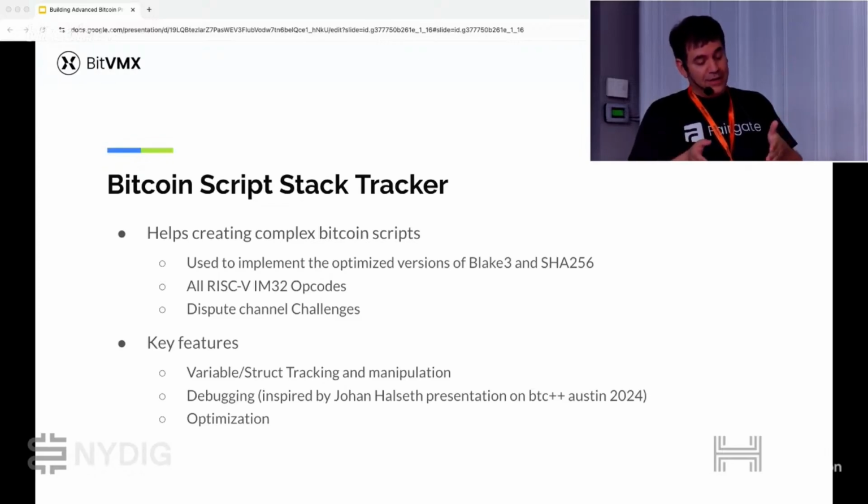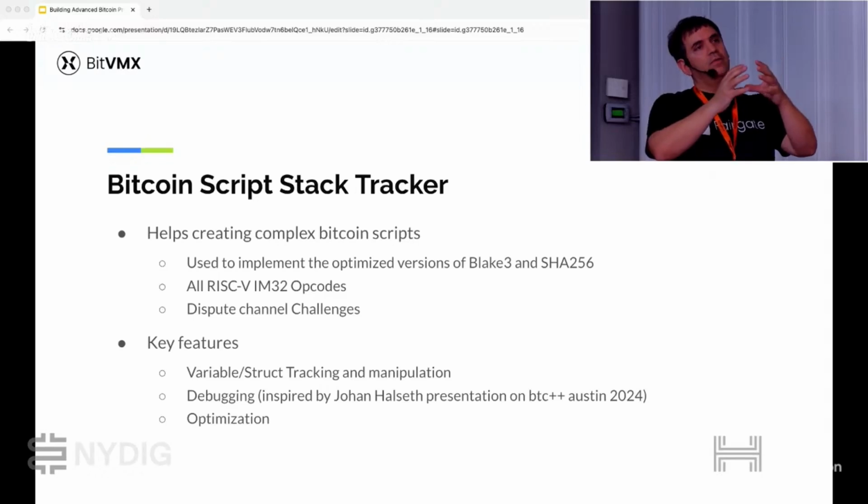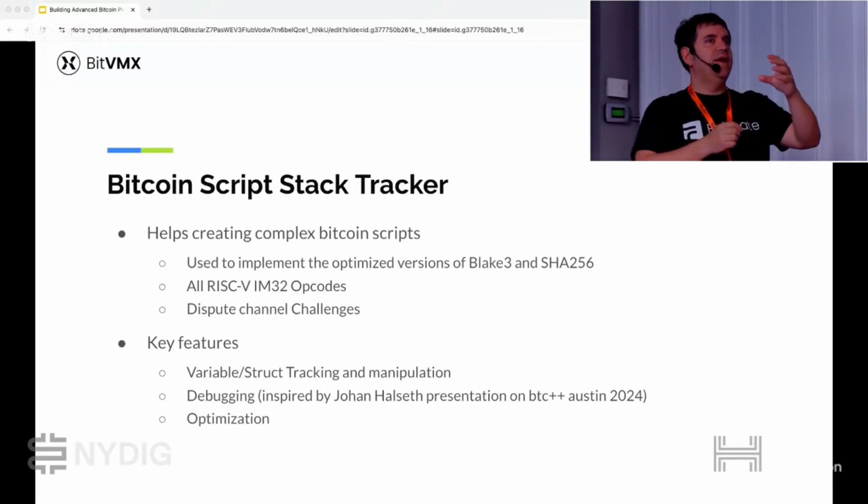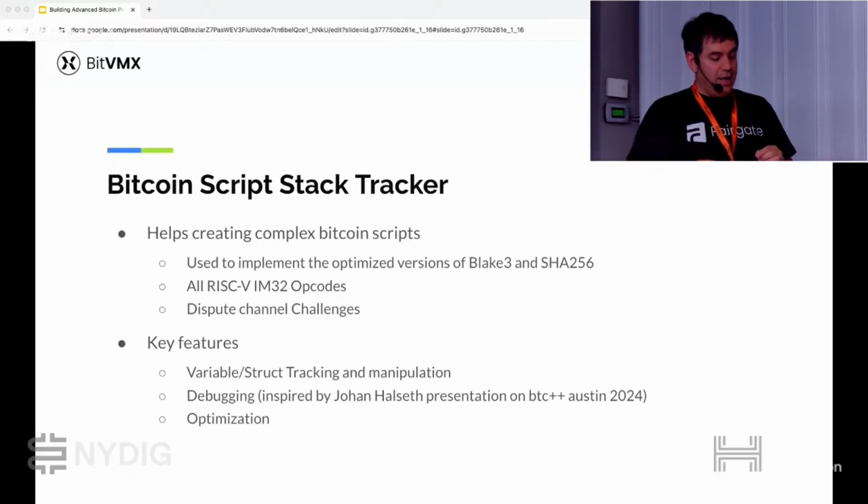So what this stack tracker permits is to define some kind of variable or struct that will point to a group of these elements and will allow you to operate with them. In a sense, you can move them together, you can split them, you can access some part of them independently. It's really, really helpful.